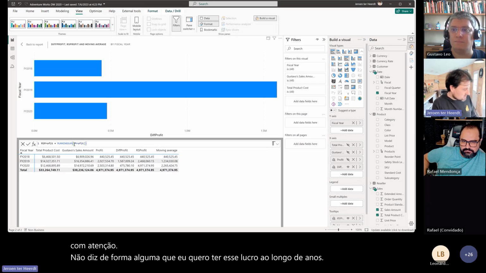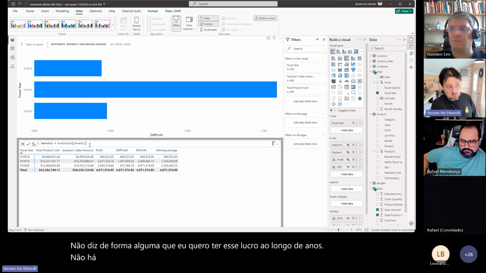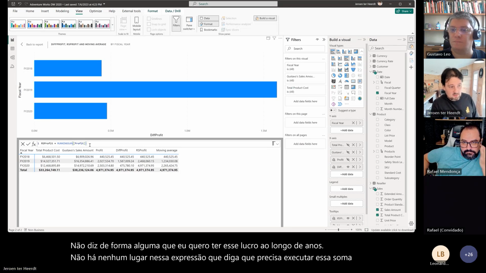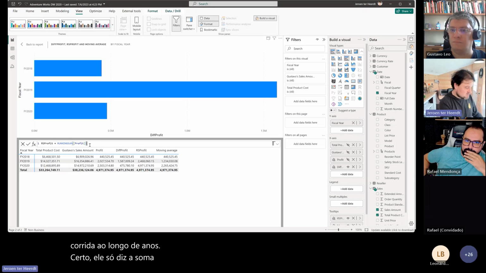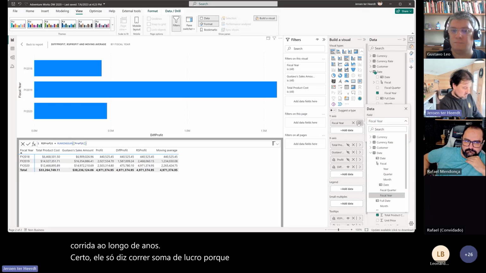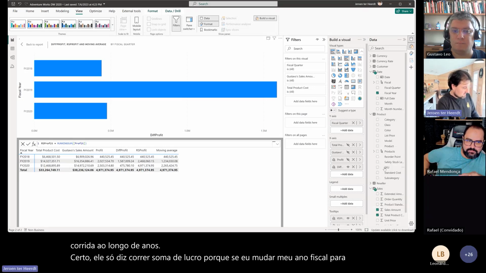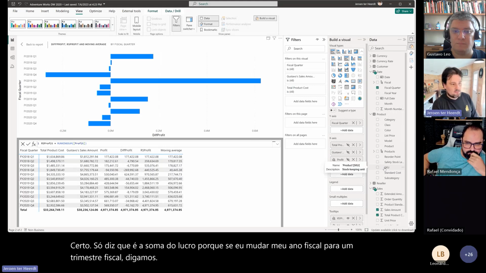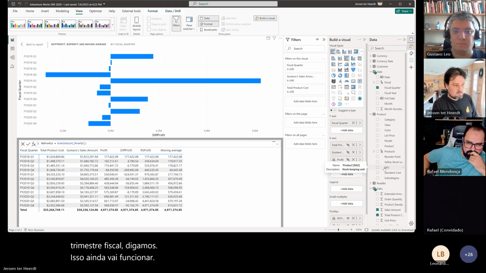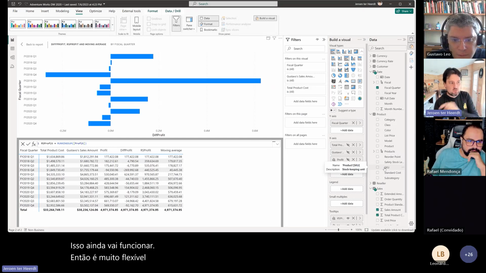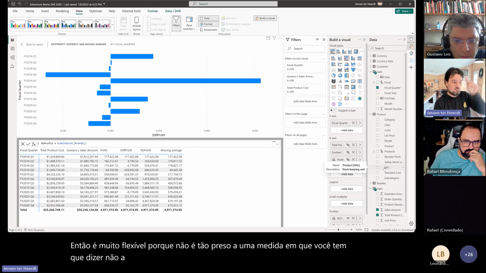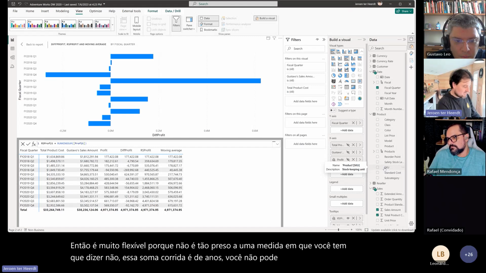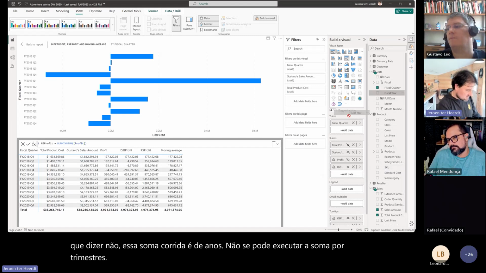There's nowhere in this expression that says it needs to run this running sum over years. It just says running sum of profit. Because if I change my fiscal year to a fiscal quarter, let's say, this will still work. So it's very flexible because it's not pinned down like a measure, where you have to say this running sum is over years and you cannot run a sum over quarters. Why is this? Because, let me just switch it back to years.